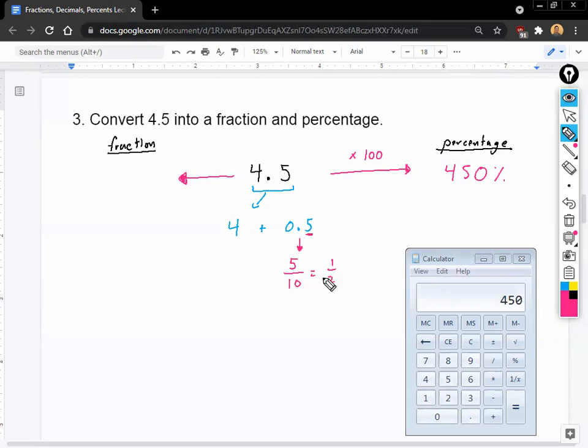So 4 is just a regular number, so we can just write 4. And 0.5 is the same thing as 1/2. So for the fraction, we can have a mixed number, 4 and 1/2. If you wanted to make it an improper fraction and get fancy, you could do 9/2, which is the same thing. But I'm cool with you guys just leaving it at a mixed number.